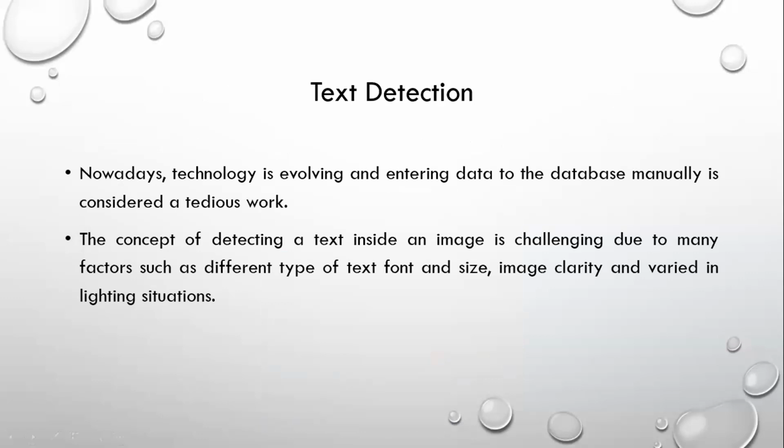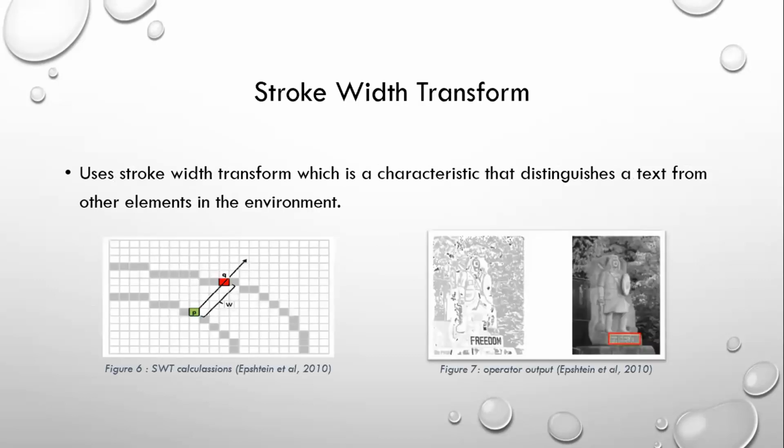Here we will talk about text detection. Nowadays, technology is evolving and entering data into the database manually is considered tedious work. Detecting text inside an image is challenging due to many factors, such as different types of text, font and size, image clarity, and varied lighting situations.